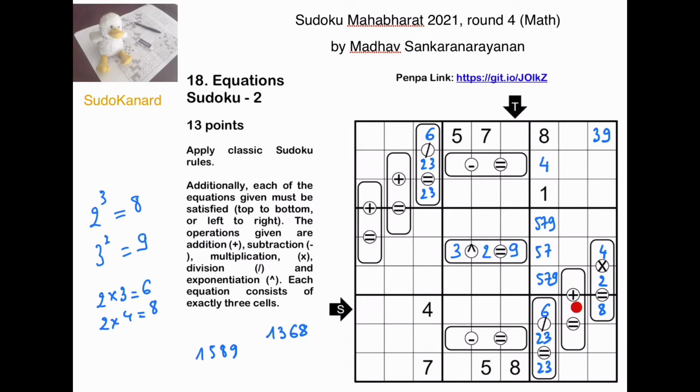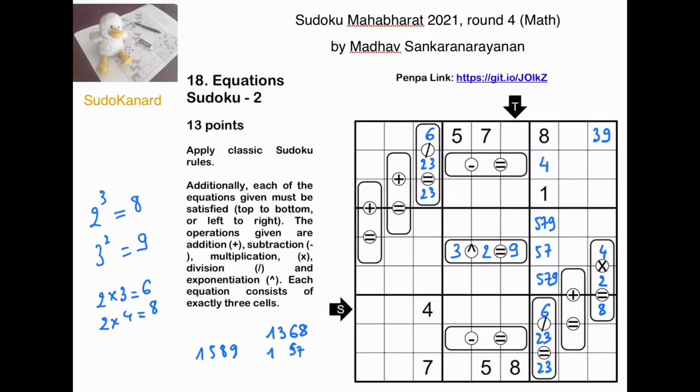And this one now must be 1, 5, 4, 5, 7, or 9, but obviously 9 won't be in the sum. It can be the result, but not one of the operands. Oh, this 4 is forbidden.